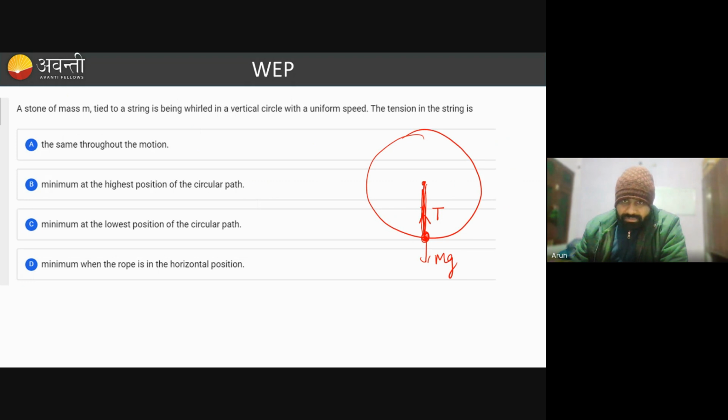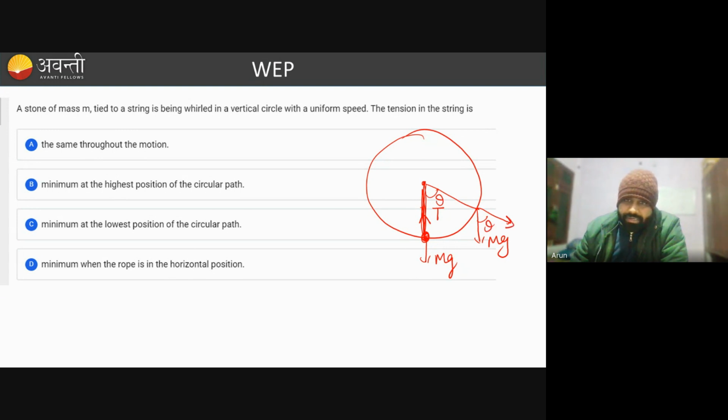You can see here, at any particular value, let's say this string has rotated at an angle theta, so this angle will be theta.